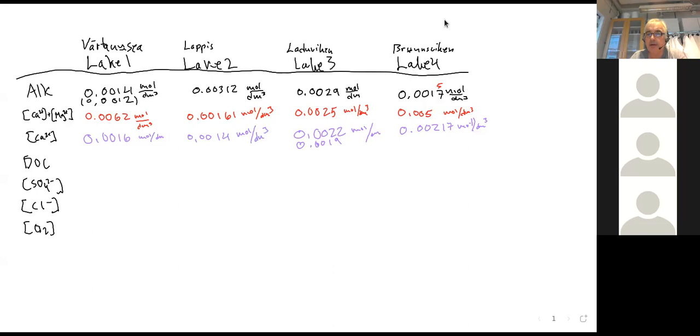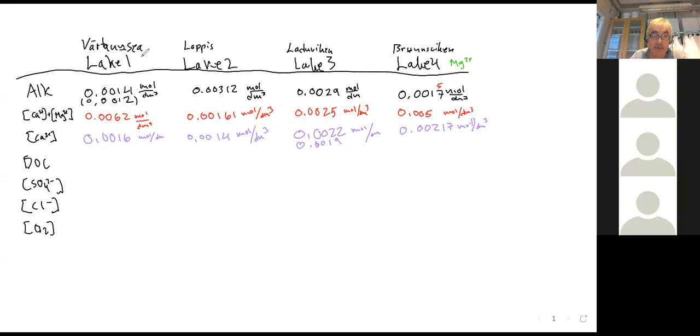So then, do we see some pattern here? The calcs in Lake 1 and Lake 4 seem to be dominated by magnesium. There seems to be a lot more magnesium, or a little bit more.